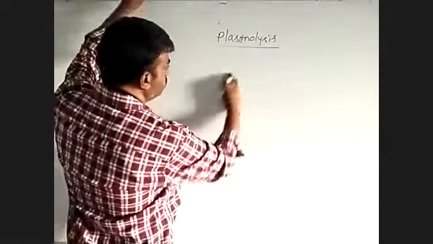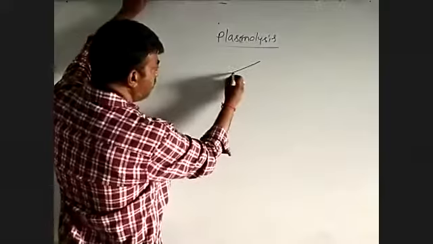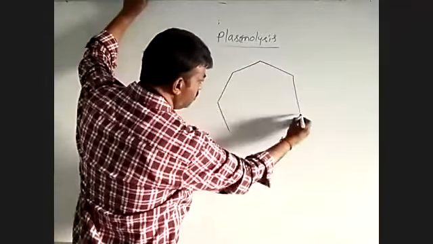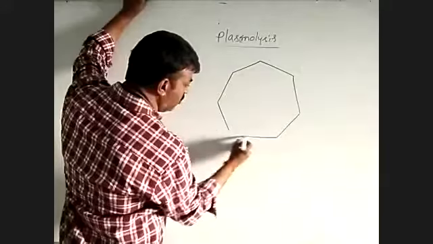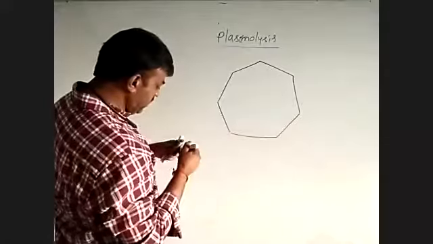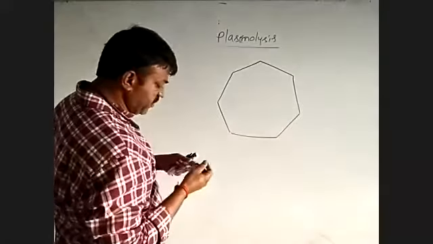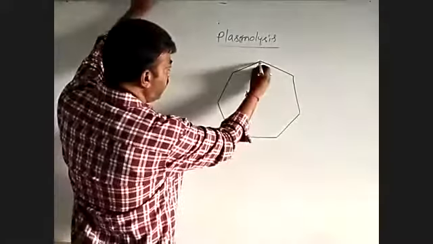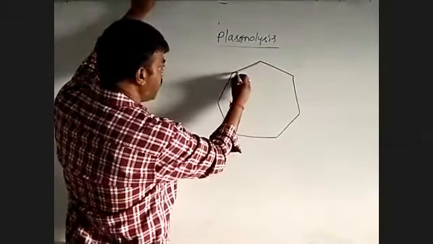So this is the cell wall, taking a plant cell as an example. This is the plant cell with a rigid and tough cell wall. Name the layer present immediately next to the cell wall: that is the plasma membrane.